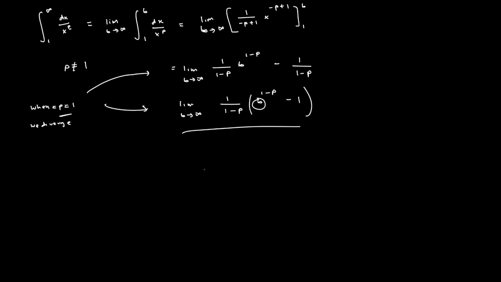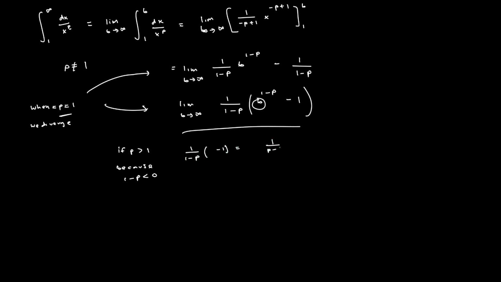So if p is greater than 1, because 1 minus p is less than 0, this whole term over here will tend towards 0 as b tends towards infinity. And therefore, we eventually just end up converging. So if p is greater than 1, then this limit will just evaluate to 1 over 1 minus p times negative 1, which is equal to 1 over p minus 1.